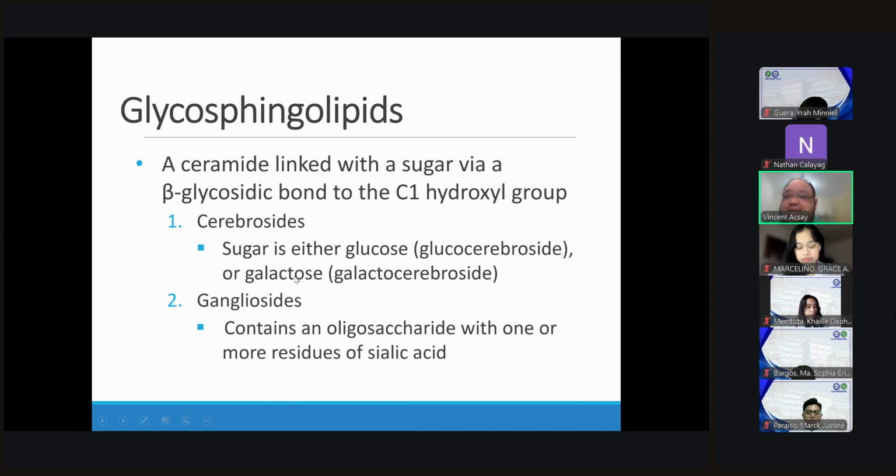Notice that glucose and galactose are monomeric sugars, as compared to gangliosides, which use oligosaccharides. So cerebrosides have monosaccharides, gangliosides have oligosaccharides. And for gangliosides, their oligosaccharides can have one or more residues of sialic acid.